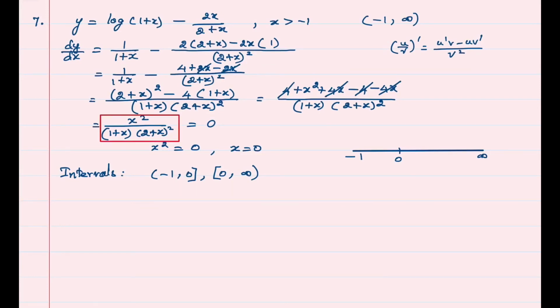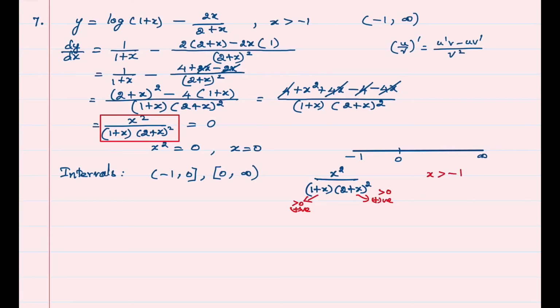But look at the function f dash, which is x square upon 1 plus x times 2 plus x the whole square. In these intervals, 2 plus x the whole square is positive, which is greater than 0. 1 plus x is also positive, that is also greater than 0 because the domain is x greater than minus 1.